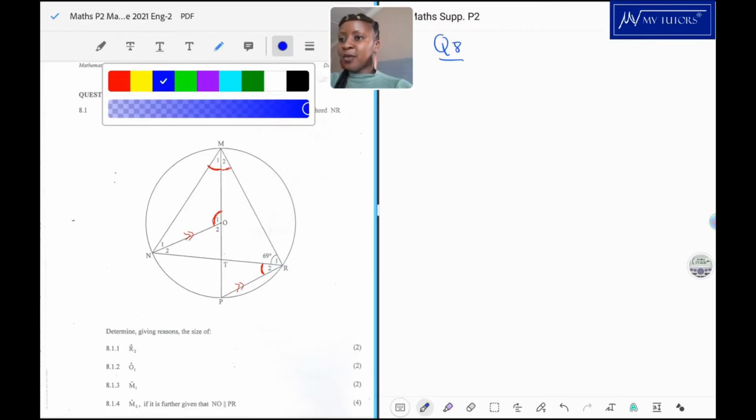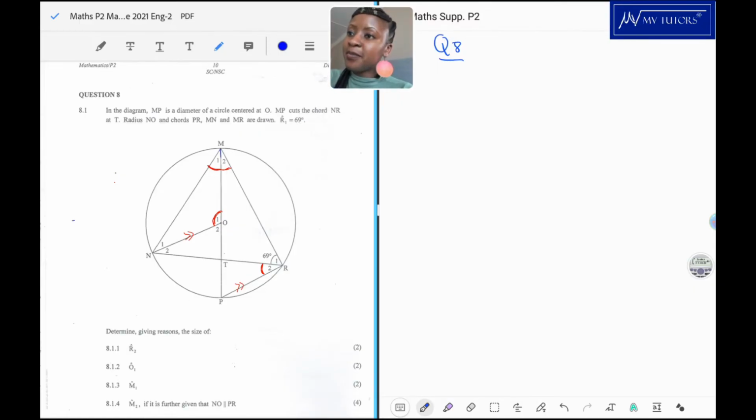So first of all, we have a diameter, right? And what do we know about when the chord becomes a diameter? When the chord becomes a diameter, the angle it subtends is 90 degrees. So this one here is 90 degrees.